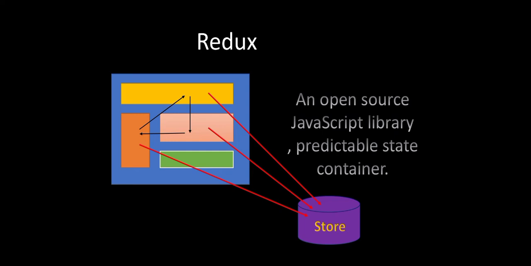What do I mean when I say state of an app? We have seen state of components, but what do I mean when I say state of our app? It is the state that all the individual components represent in the app. For example, if in a shopping cart we change the state of a product from add to cart to checkout counter, that is what I mean when I say state of an app.